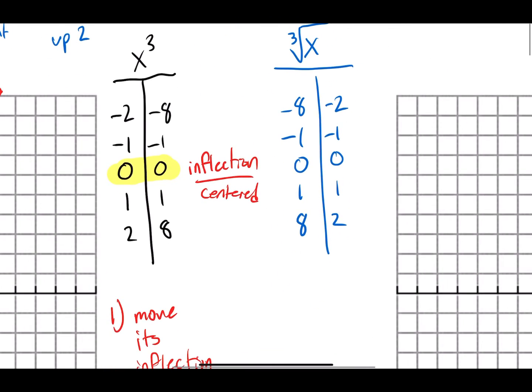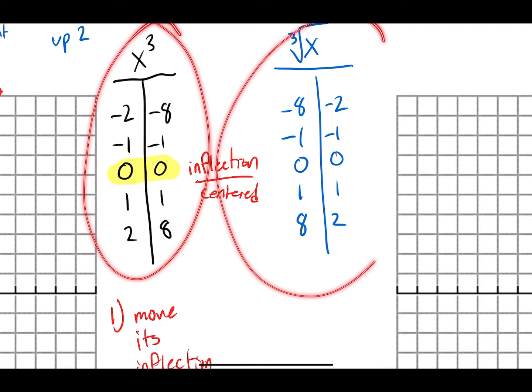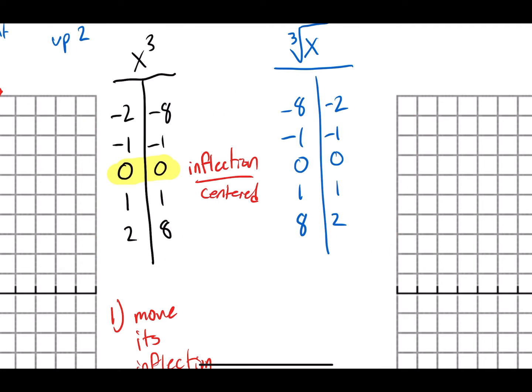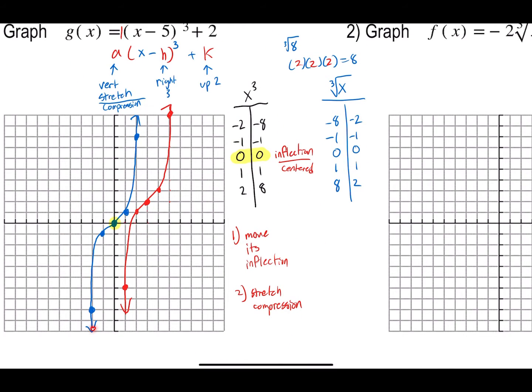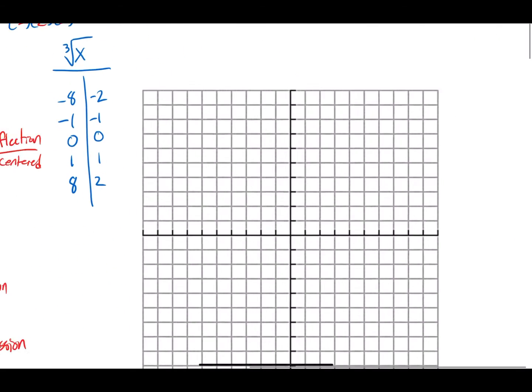Now notice, what's the relationship that a cubic and a cube root function have together? Their x and their y values are flipped. Now, you can't flip negative 1, or 0, 0, but we can definitely flip negative 2, negative 8, and make it negative 8, negative 2. And 2, 8 turns into 8, 2. So we're going to go from this Elvis vertical-looking function where Elvis is standing upright, and he's going to be on his side.